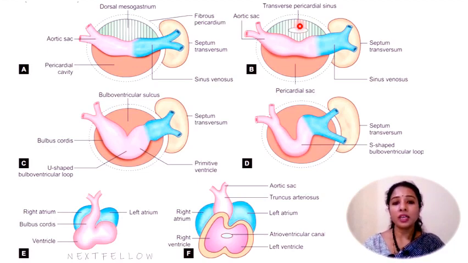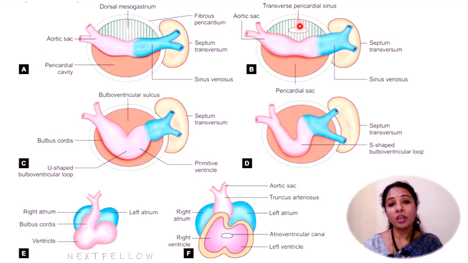The sulcus terminalis, which you see in the right atrium, at the junction of the anterior rough part and posterior smooth part, is indicated internally by the crista terminalis. This muscular ridge runs along the right atrial wall from the opening of the superior vena cava to the inferior vena cava, providing origin to the pectinate muscles.